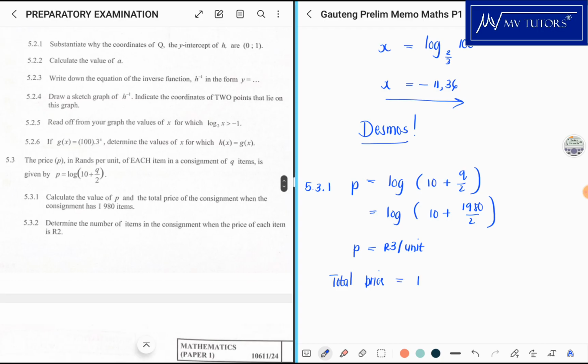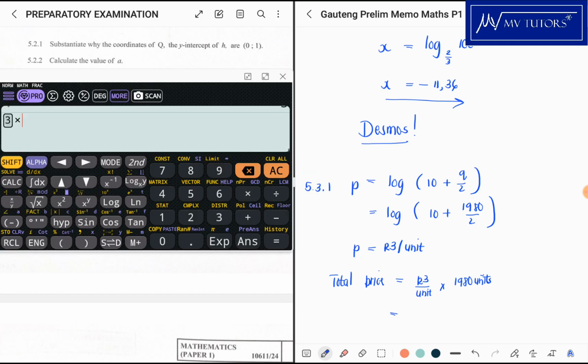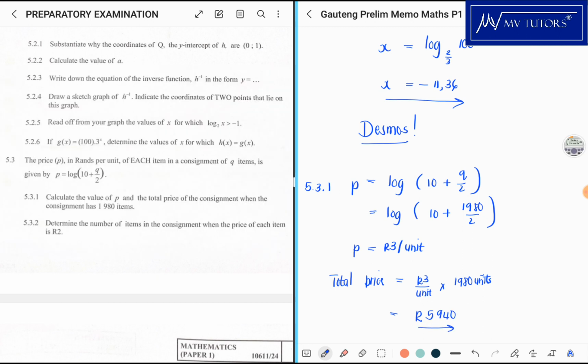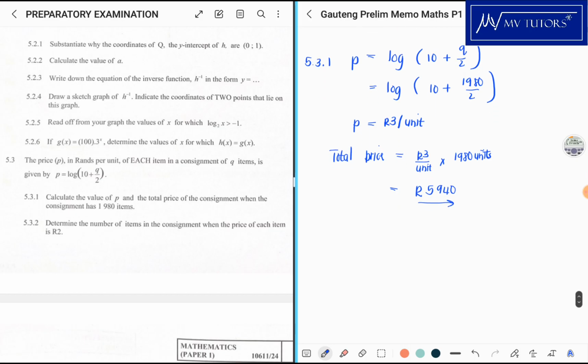So we have 3 rand per unit multiplied by 1,980 units. 3 times 1980 gives 5,940. Please do not mind the snoring in the background. This is the only time I can record.